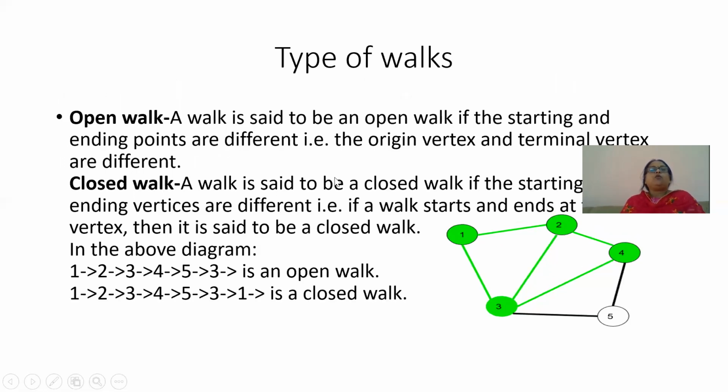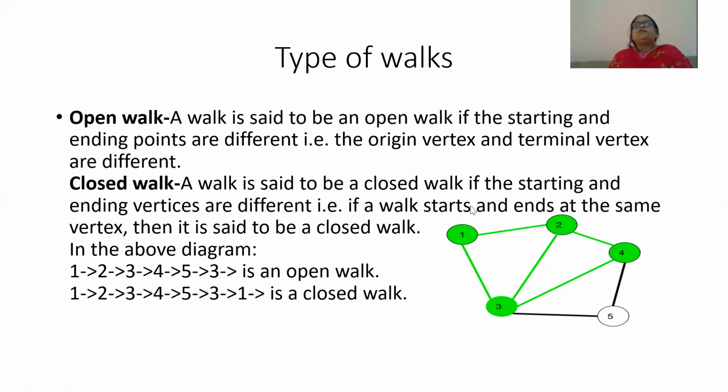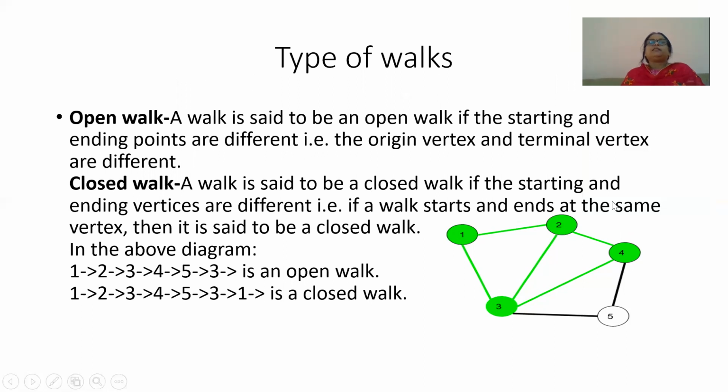Two types of walk: open walk and closed walk. In an open walk, the origin vertex and terminal vertex are different. It means you start traversing from one vertex and end at another vertex.